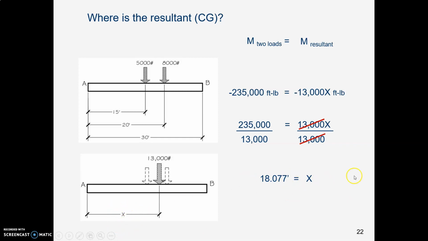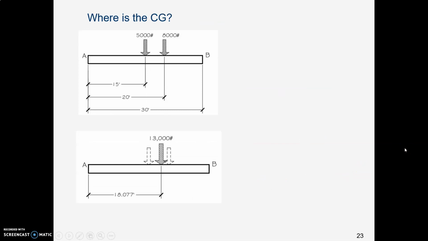That's how many feet x is. So where is the center of gravity? It's 18.077 feet from A. That's the location of that 13,000 pound resultant that has the same net result as those two individual loads. And that is the location of the center of gravity of this beam with the loads on it.